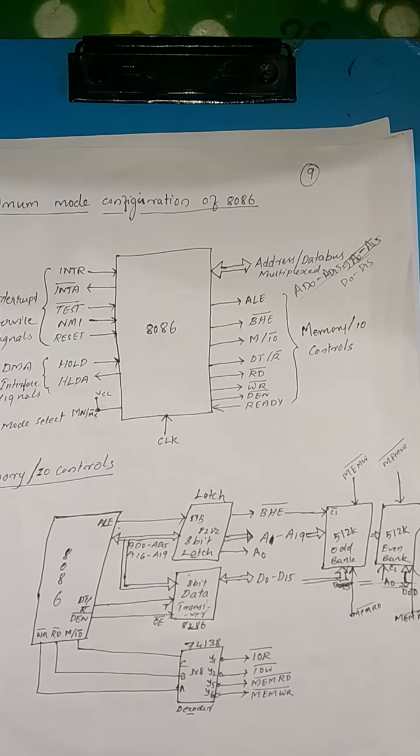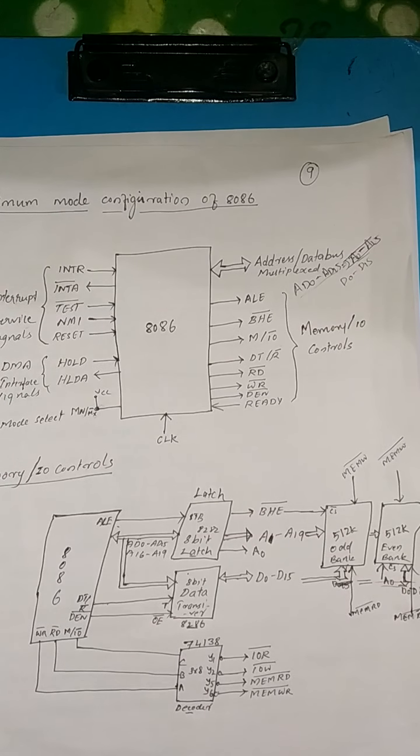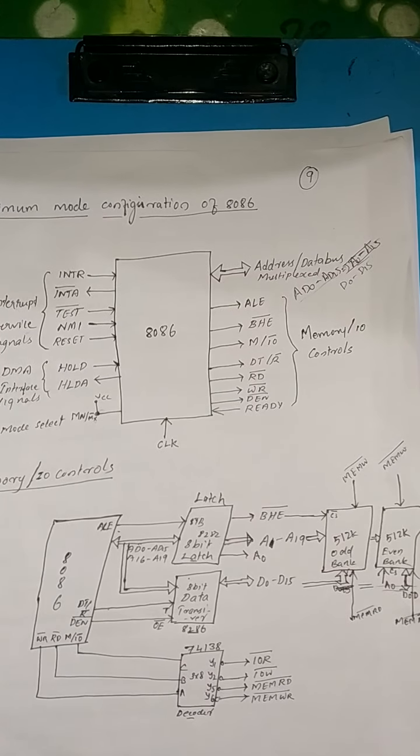In the first clock cycle it is an address bus because first the microprocessor should know from where to take data or to where to send data, right? So in the first clock cycle it is used as an address bus to send the address. Then after the first clock cycle it can be used as a data bus.